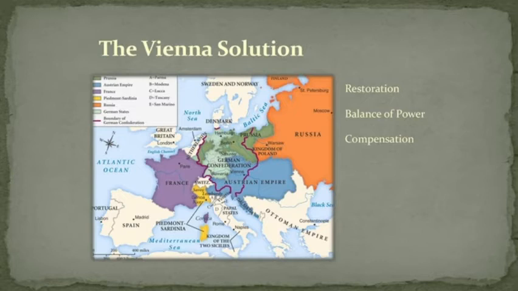And Sri Lanka and a couple of other places, England got some new overseas colonies, which it was more than happy with. Russia, who had also made a major contribution, got more of Poland and also part of Finland.